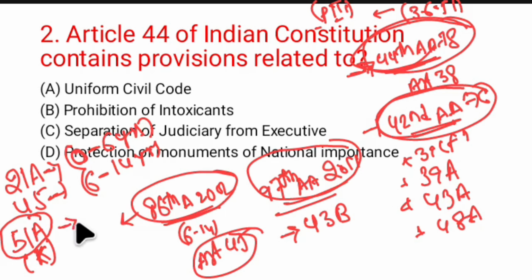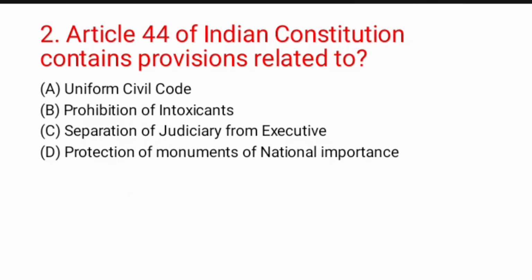This also talks about parents or guardians providing free and compulsory education to the child from the age of 6 to 14 years. So this amendment is highly important for examination.